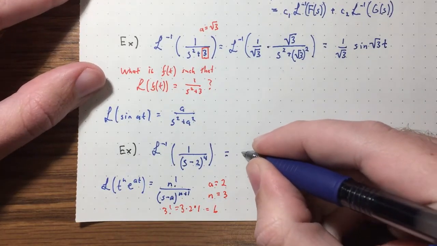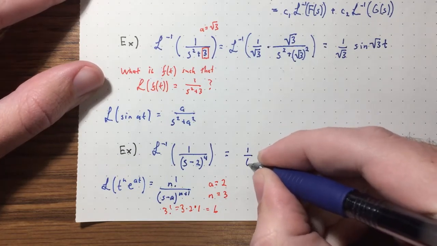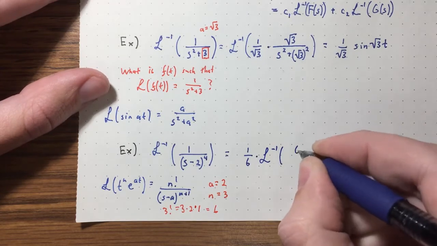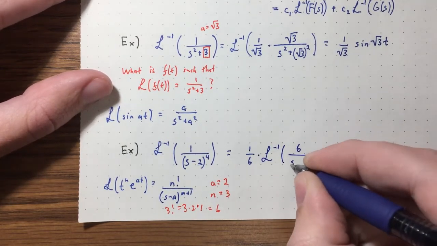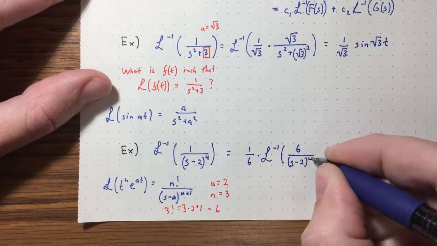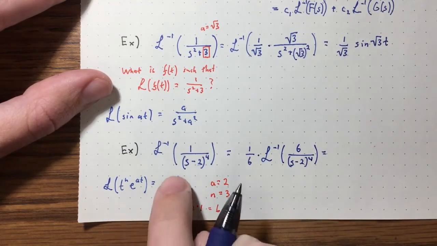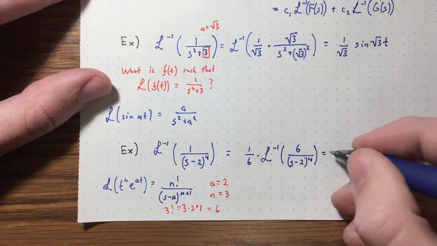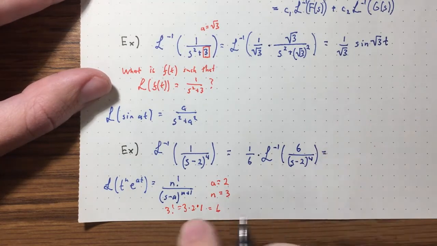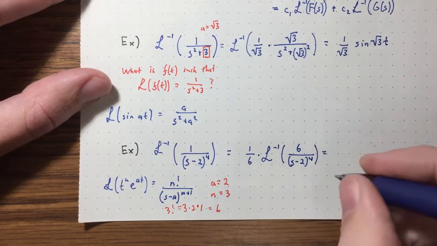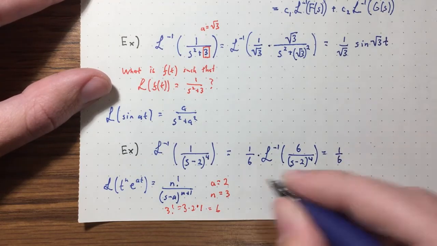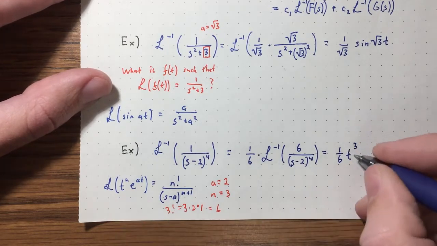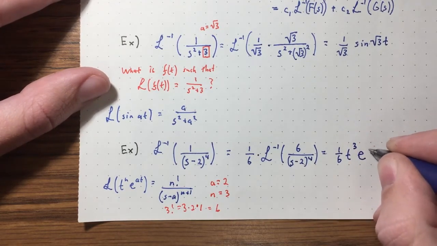I can even take it out right now. So I'll multiply by 1 over 6 in order to get a 6 in the numerator. Now we just have to be careful about what is what, which is n, which is a, etc. That 6 is 3 factorial right there. Right, so n is 3. So my answer is going to be this 1/6 times t to the 3, times e to the 2t.